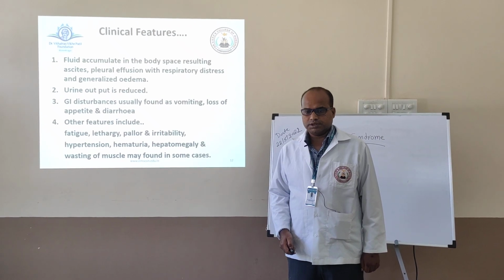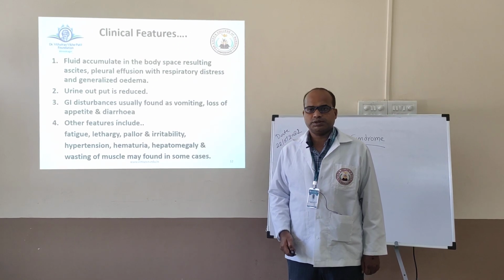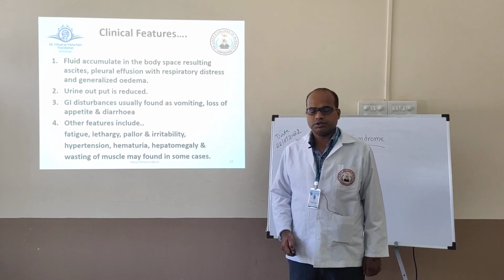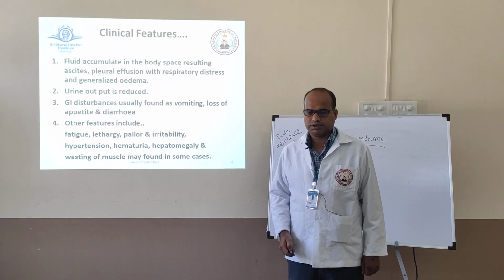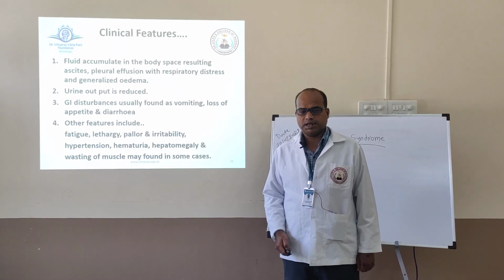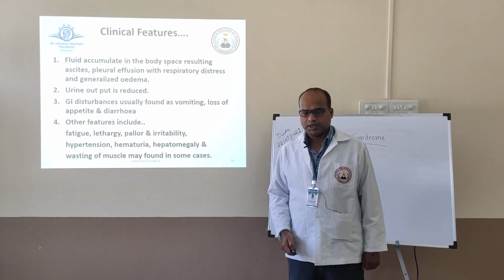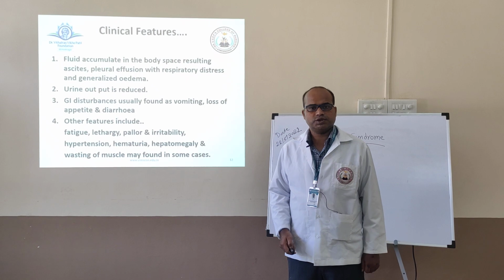Fluid accumulates in the body spaces, resulting in ascites and pleural effusion, in the pleural space of the lungs, where respiratory distress will occur. Generalized edema will also be seen, as the fluid is not there in the muscular space.